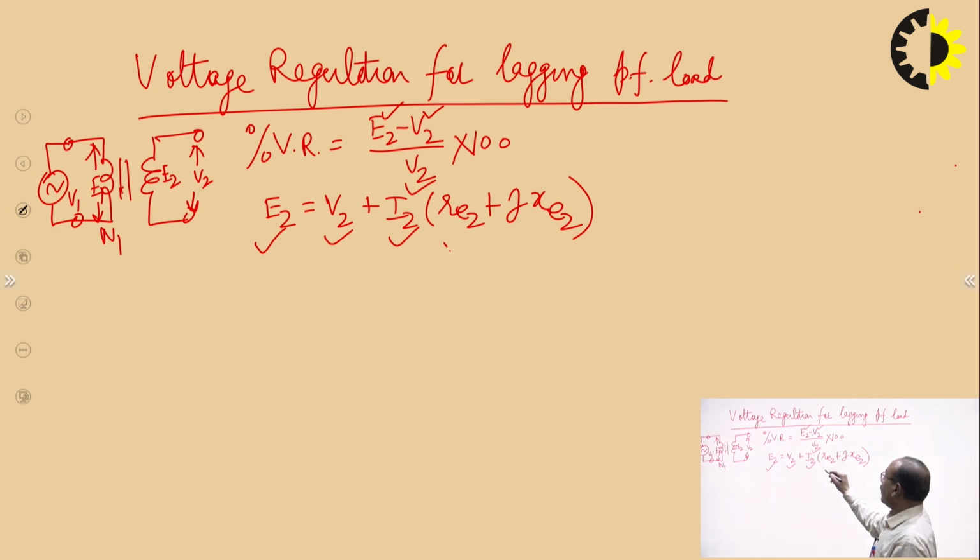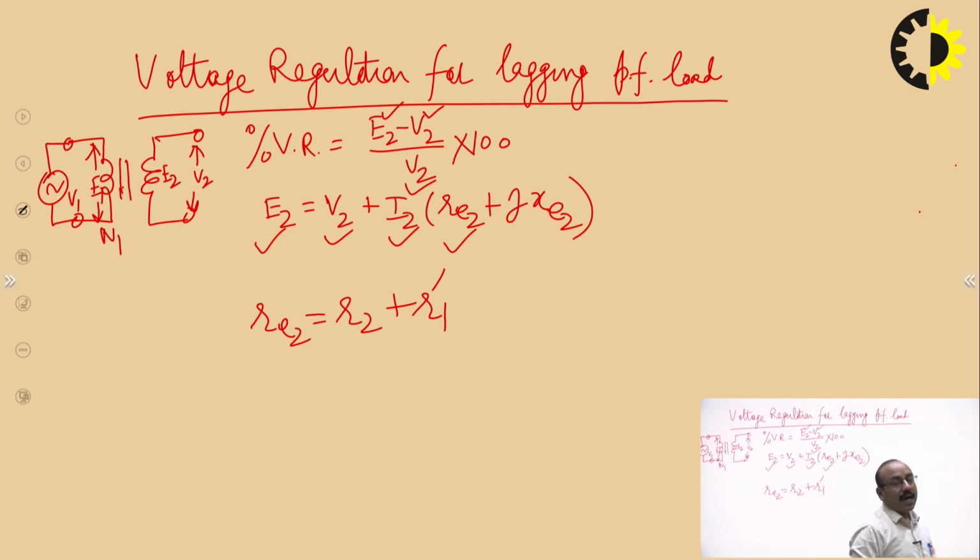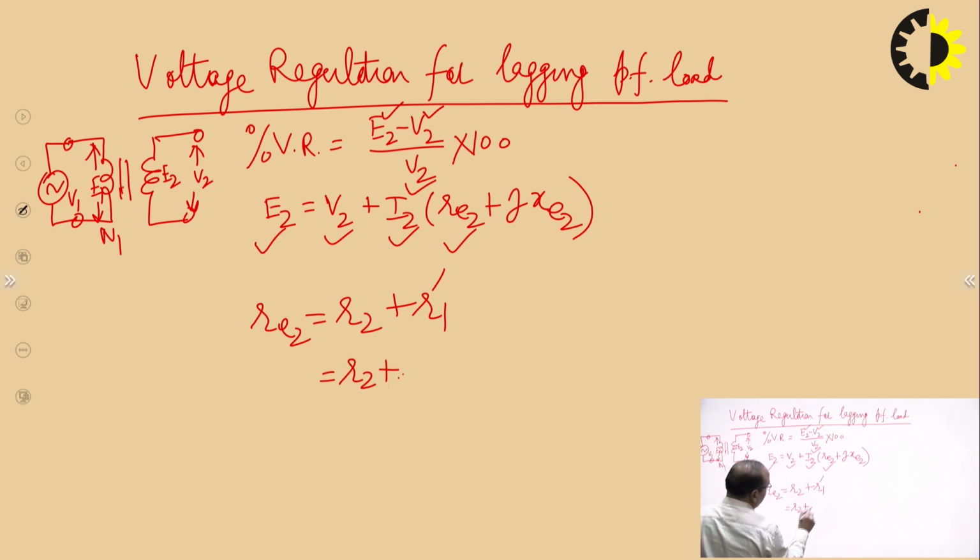RE2 is the equivalent resistance in the secondary, which is R2 plus R1 dash, where R2 is the secondary winding resistance and R1 dash is the primary winding resistance referred to the secondary, which is given by R1 into (N2 upon N1) square.